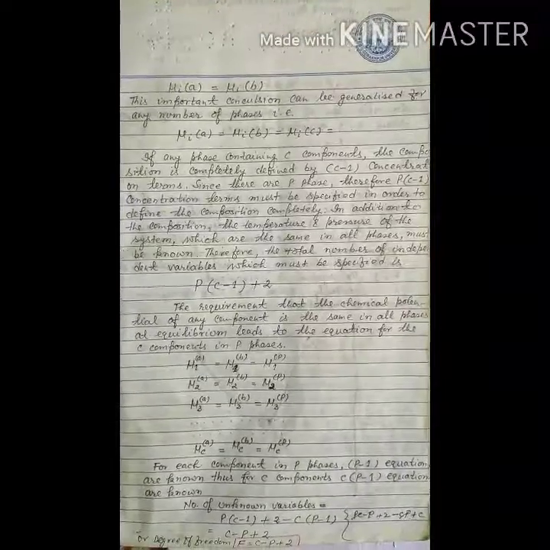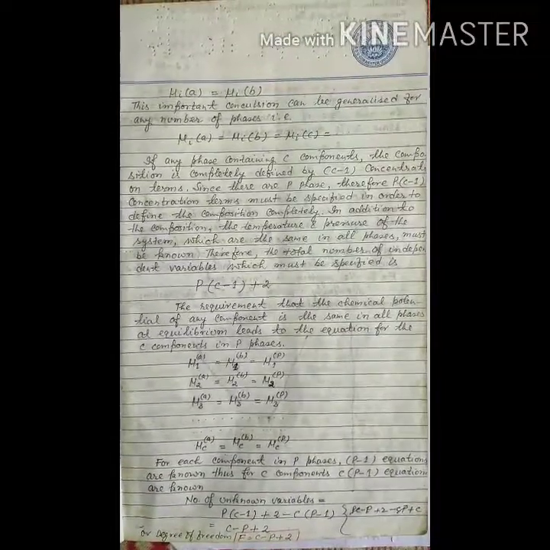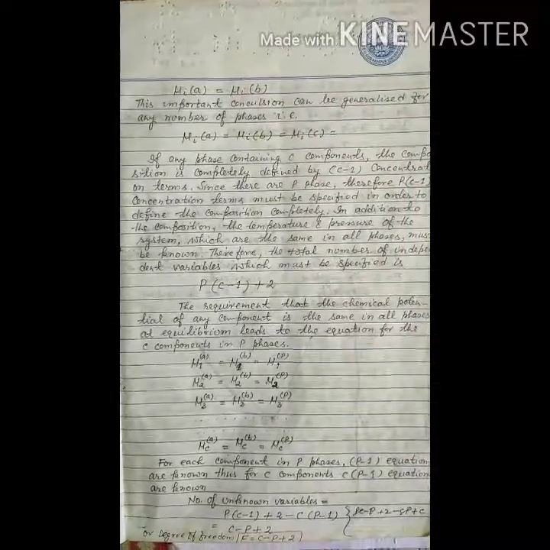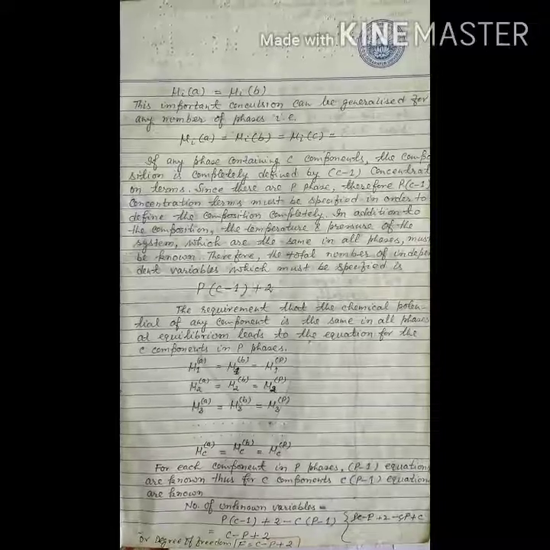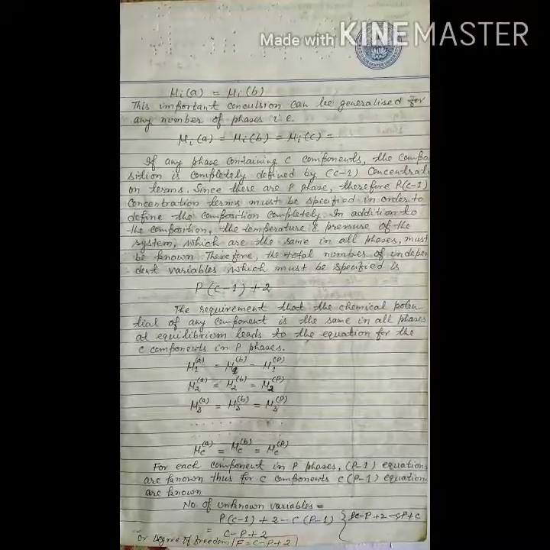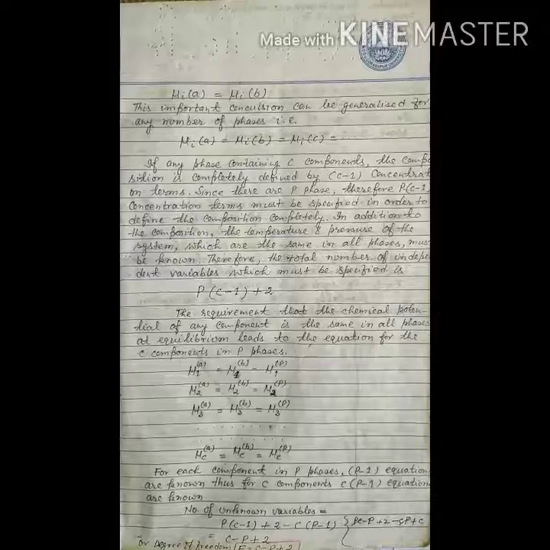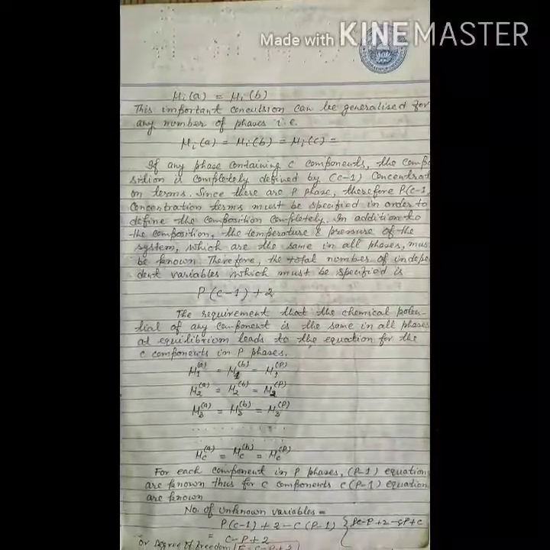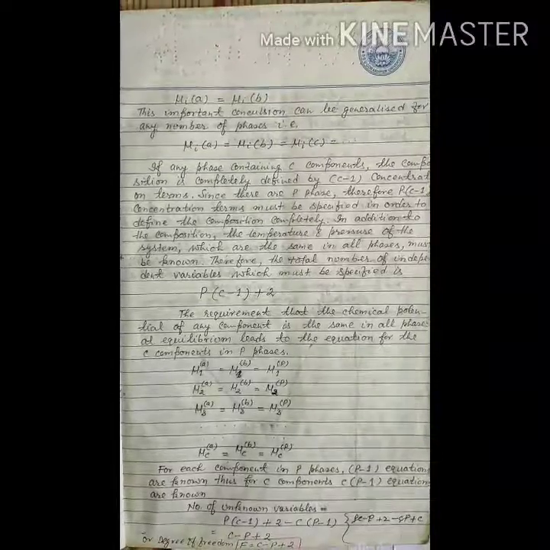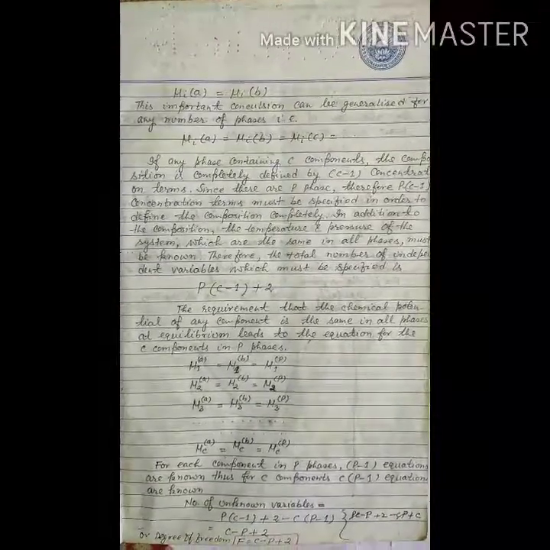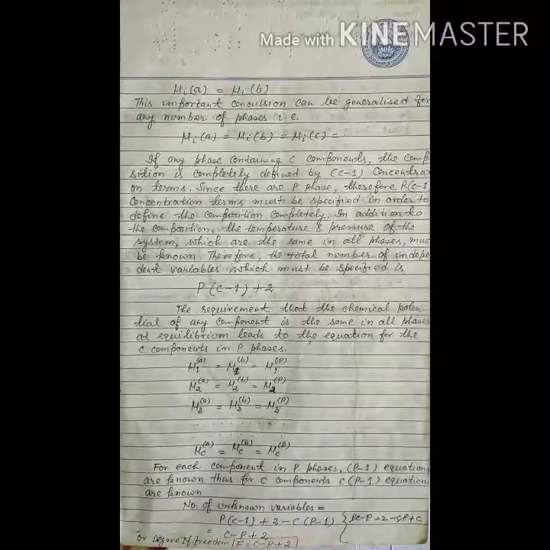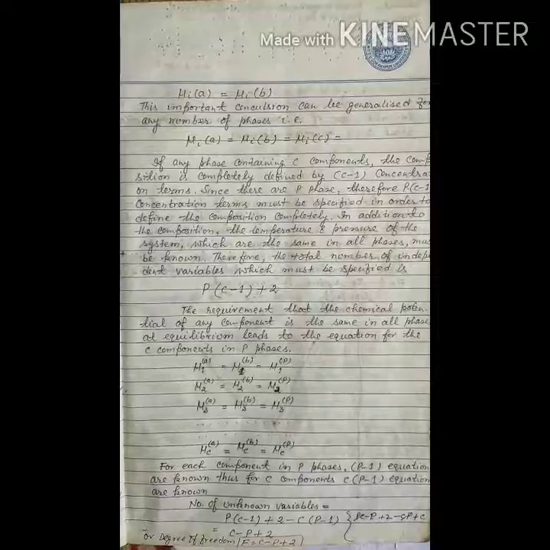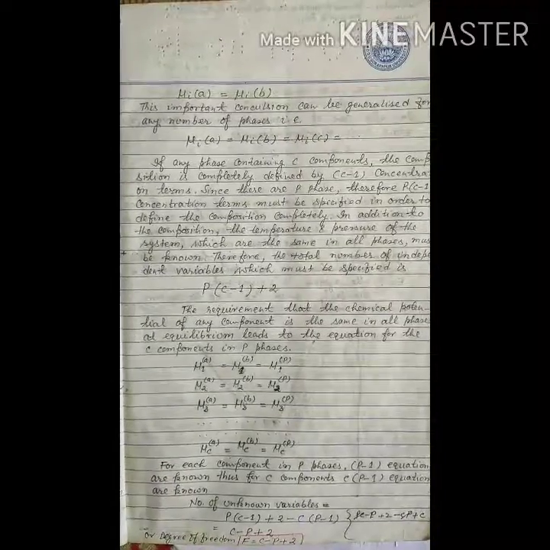If a phase contains C components, the composition is completely defined by C minus 1 concentration terms. Since there are P phases, therefore P(C minus 1) concentration terms must be specified in order to define the composition completely.